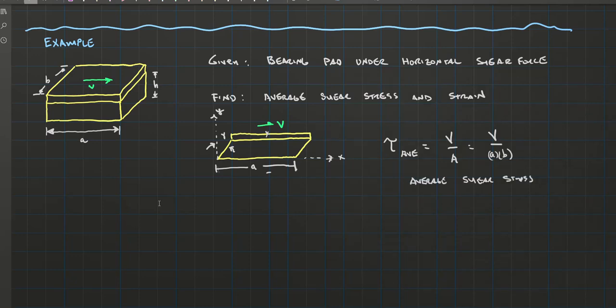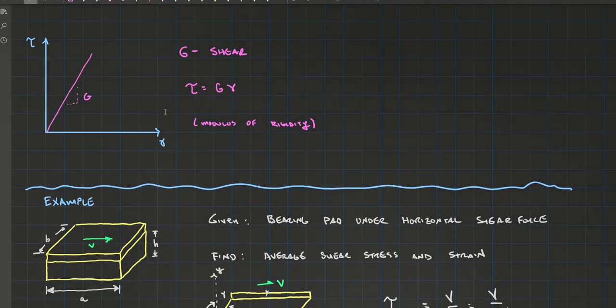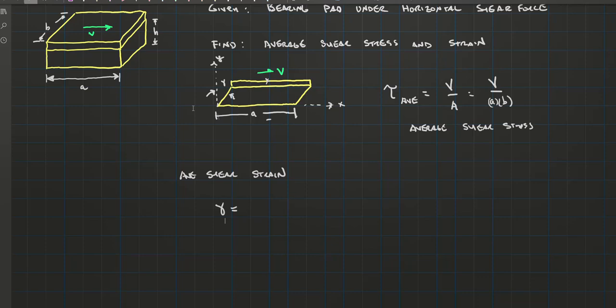Now, to take it a step further and look at our average shear strain, or our shear strain, then we could go with gamma equals, and as we mentioned before, gamma is a function of shear stress.